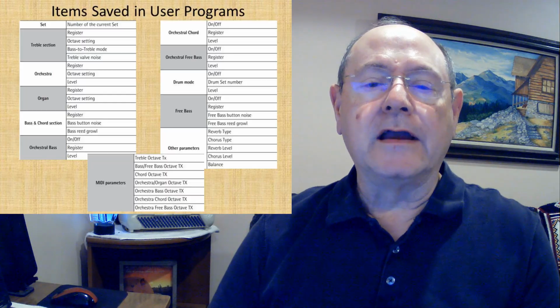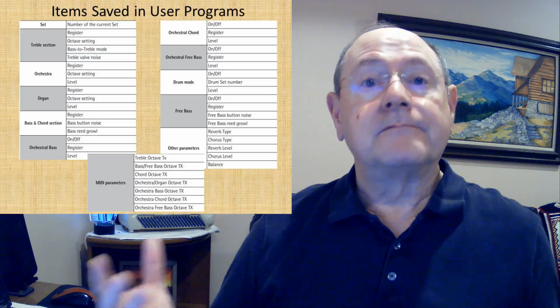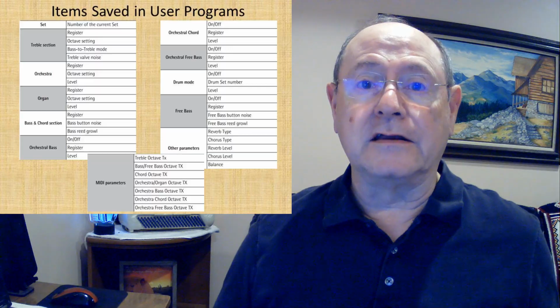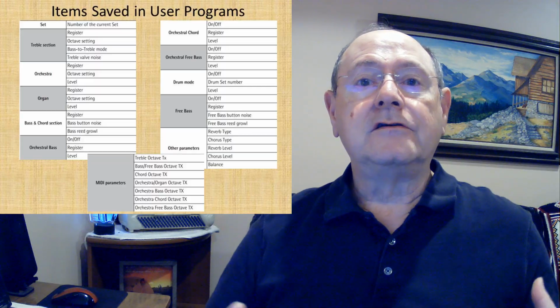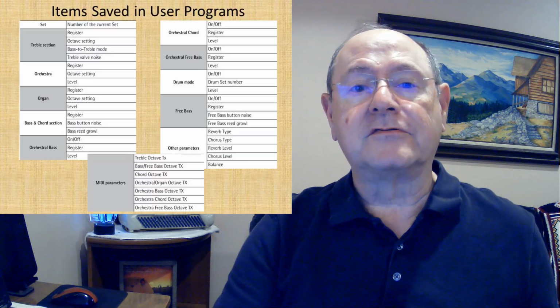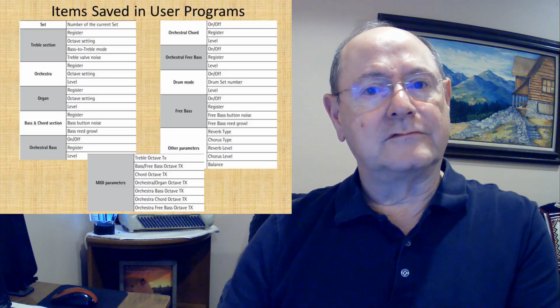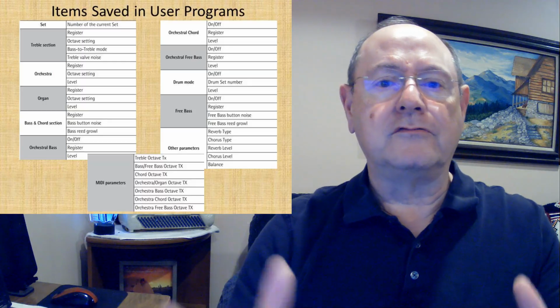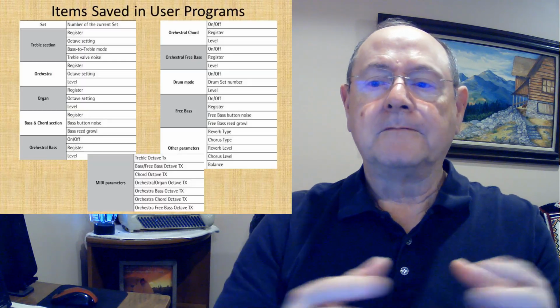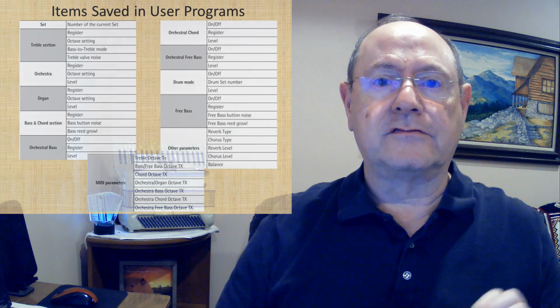Balance is one of the items. They're called system settings. And you have to change the system settings. You can't save those in a user program. You save the system settings to the system. So, good news, bad news. Good news is, yes, you can change it. Bad news is, you have to pick one.